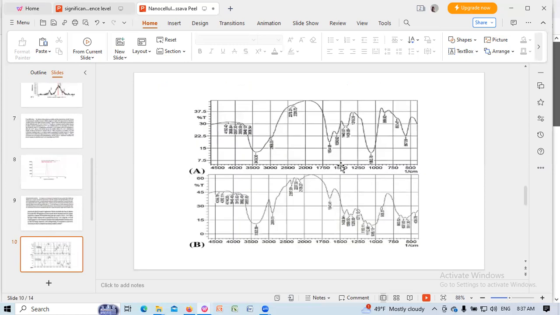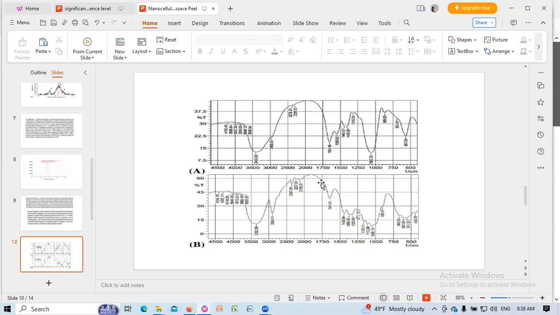This is the FTIR of nanocellulose. The broad peak in the range of 3400 to 3352 per cm is due to the OH vibration of cellulose, and near 2900 per cm is the CH and CH2 vibration.